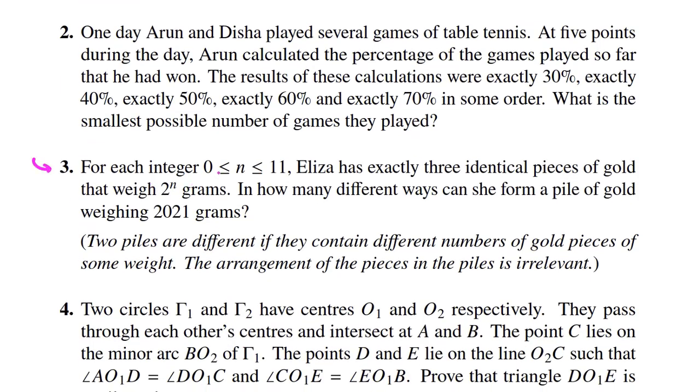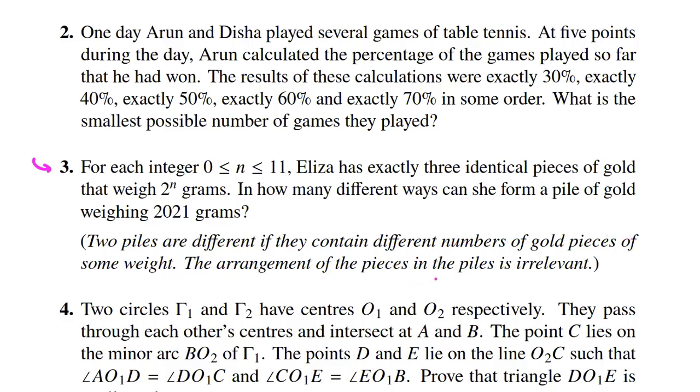It says, for each integer n, 0 at most n at most 11, Elisa has exactly 3 identical pieces of gold that weigh 2^n grams. In how many different ways can she form a pile of gold weighing 2021 grams? Two piles are different if they contain different numbers of gold pieces of some weights.